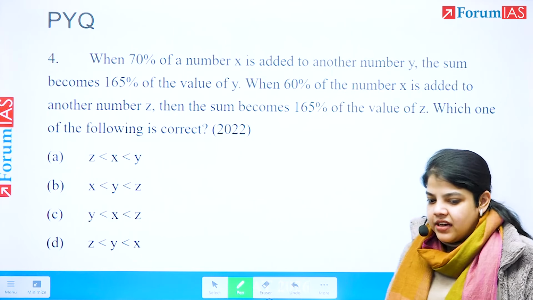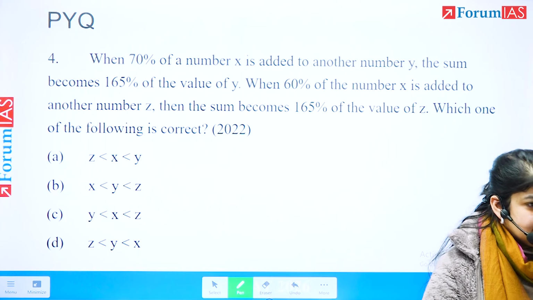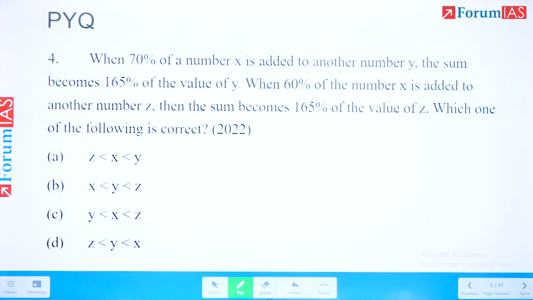It's a hint. We are given 2 statements. Convert both statements into equations. You'll get both y and z in the context of x. कुछ x से ज़्यादा होगा, कुछ x से कम होगा.